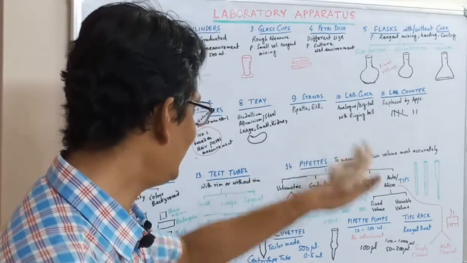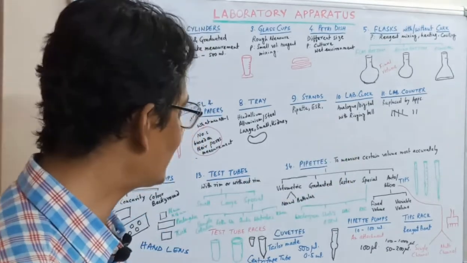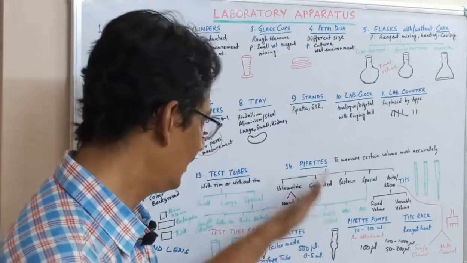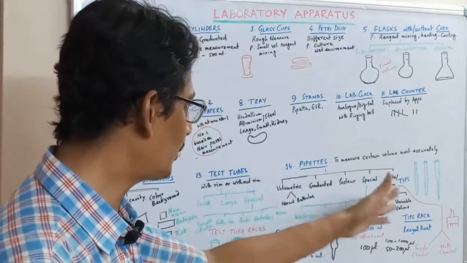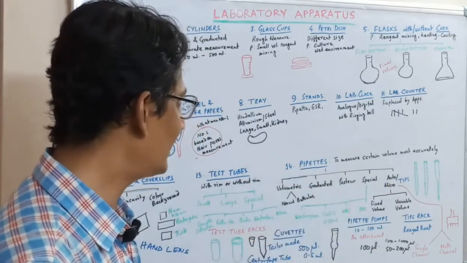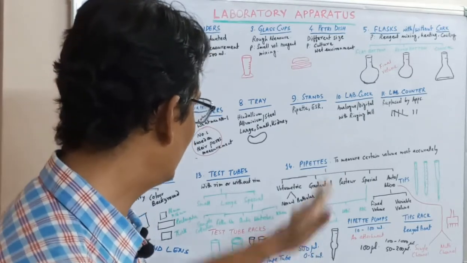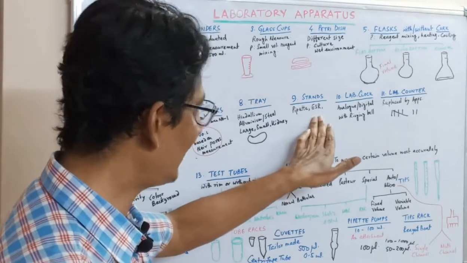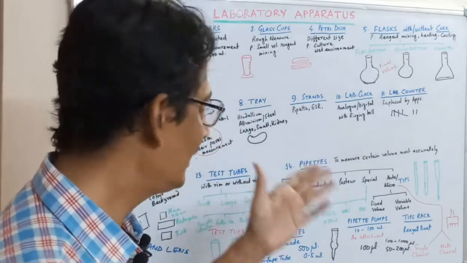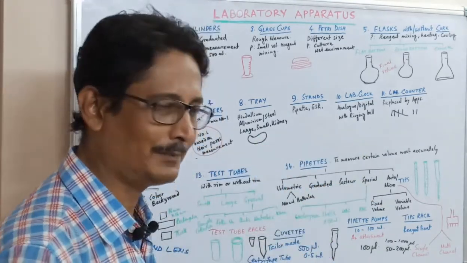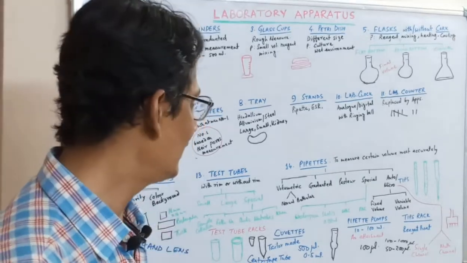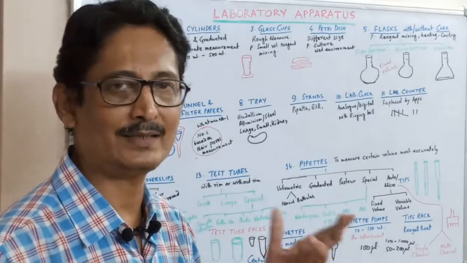Number 9 is the stands. We require some stands like pipette stands, for all such glass pipettes and auto pipettes, to dry the pipettes, and the ESR stand. ESR is a common test name, you must have heard about that. ESR means erythrocyte sedimentation rate.